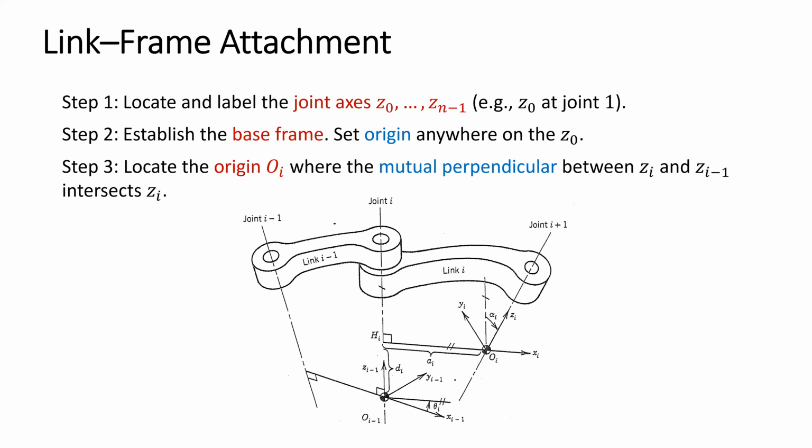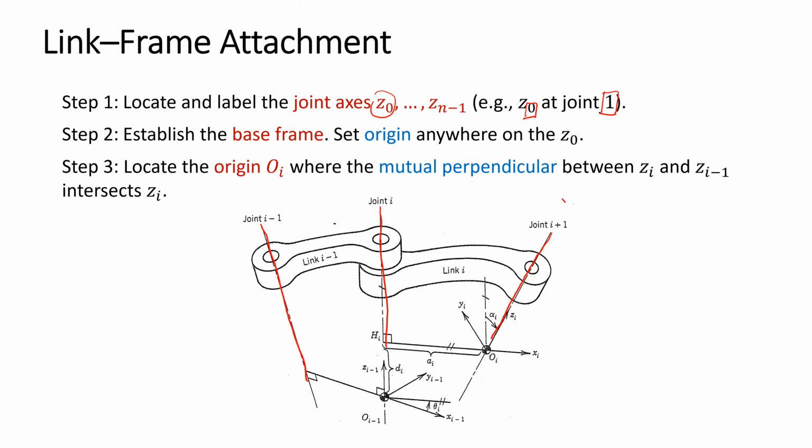So to review, how can we attach frame to industrial robot? The first step we need to do is to write down the axis of all the joints. The Z axis will be the axis of the joint, but the order of the Z axis will be one step back from the joint number.